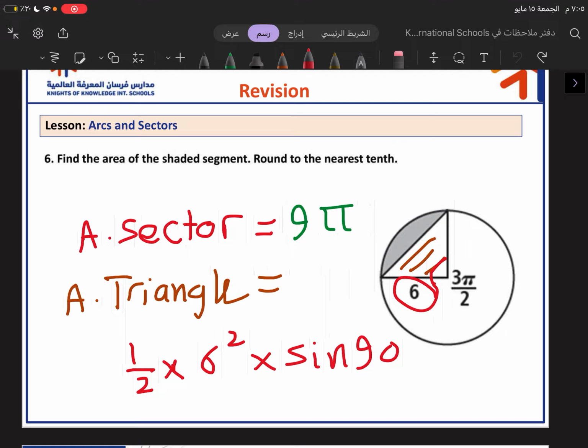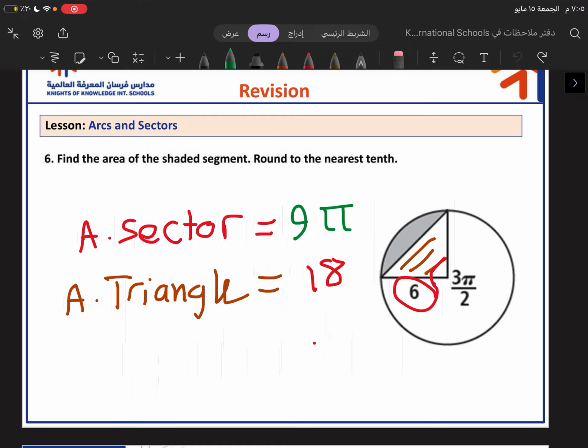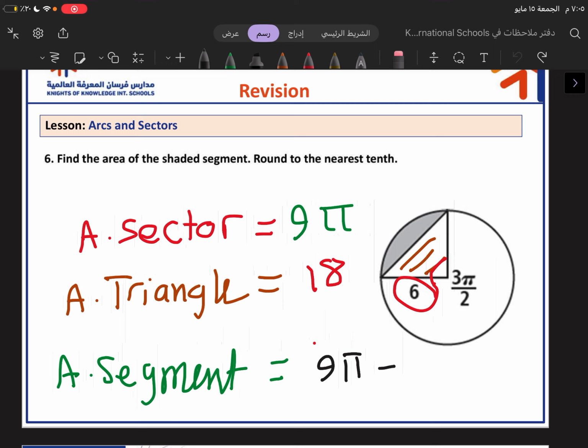So the answer is 18. Now the area of the segment equals the whole sector, which is 9 pi, minus 18. Do it in your calculator and you are good.